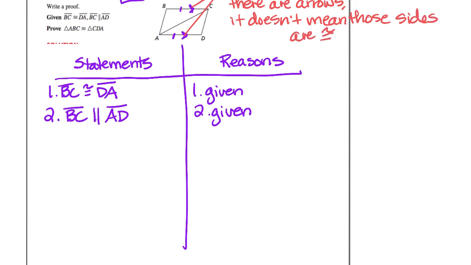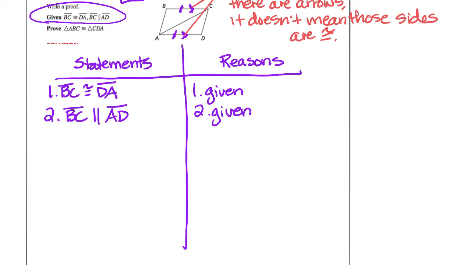I've had some students make that mistake in the past. If they each have one arrow, that's only saying that they're parallel, and that's why you have those additional tick marks right here to say that they're congruent. And remember, we want to use this as our given, not info from the diagram. It just happens to be in both places.